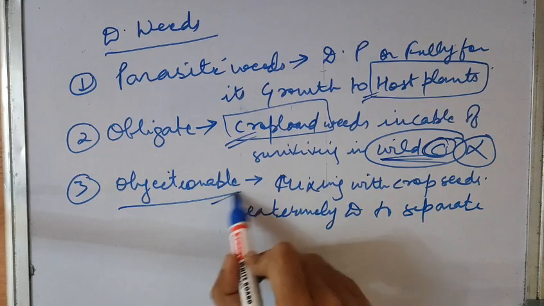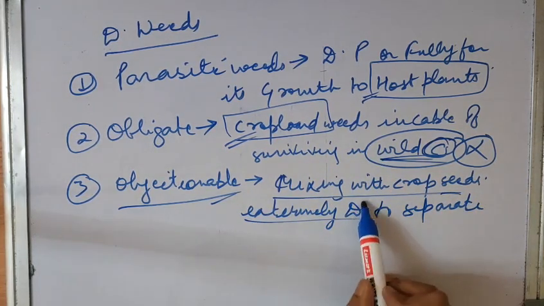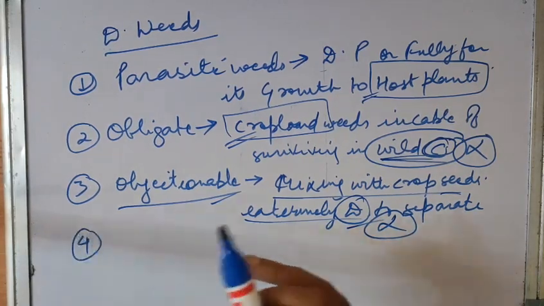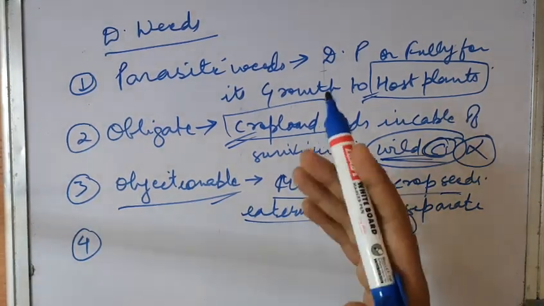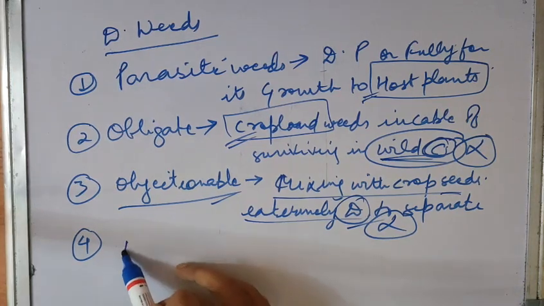After mixing with normal crop seeds, we are not able to differentiate which is weed seed and which is crop seed. So this is called objectionable weed.